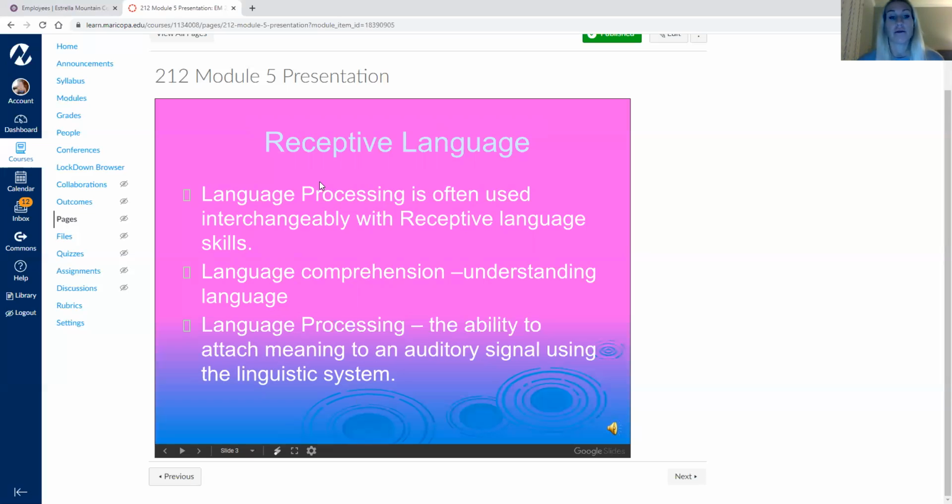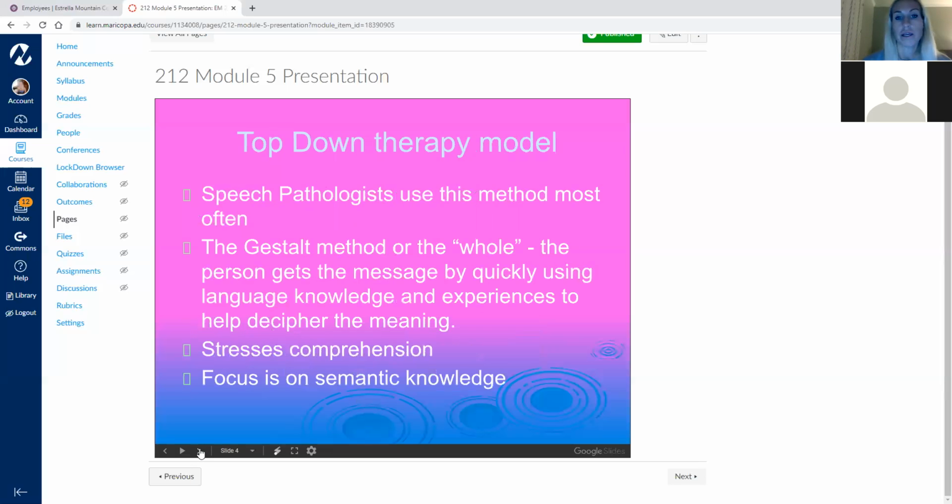Language comprehension is understanding language. The processing part is the ability to attach meaning to what you're listening to. We can listen to another language we don't know. We're hearing it, but we're not attaching any meaning to it. We might even be able to repeat it, but we can't tell you what it means if we don't know the language. So a lot of times they are used interchangeably, and truly we're targeting the same thing when we're working on receptive language.